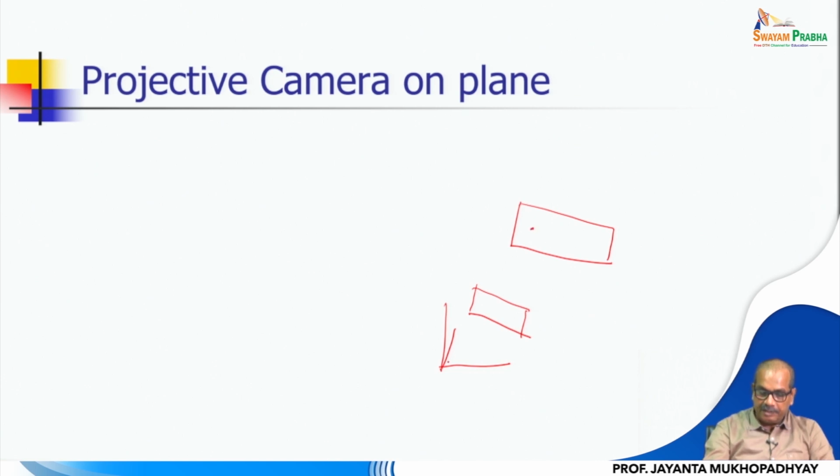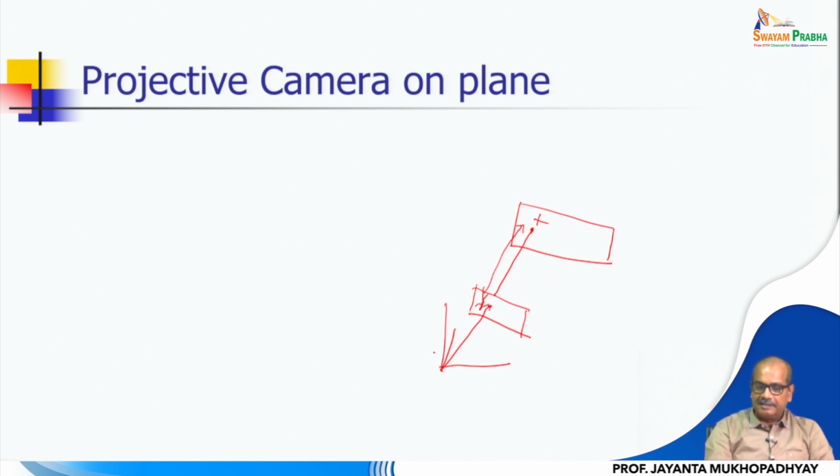So if I have a point here, for example, this is my image point and this is a scene point. This is a one-to-one correspondence, because this projection ray intersects the plane only at this point, and intersects the image plane at this point. So these are uniquely mapped, a one-to-one mapping.